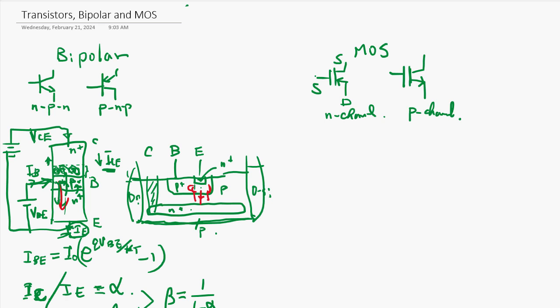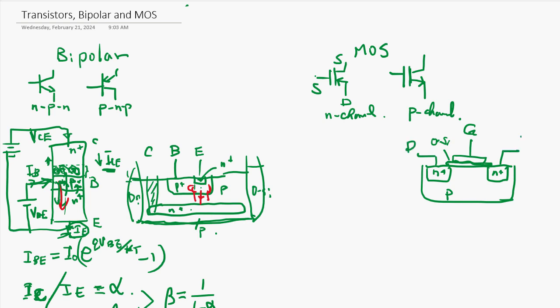MOS is different. The MOS structure is, say, you make a P well and N plus, and you put the insulating oxide on the silicon and put the gate, and either one can be drain and source.